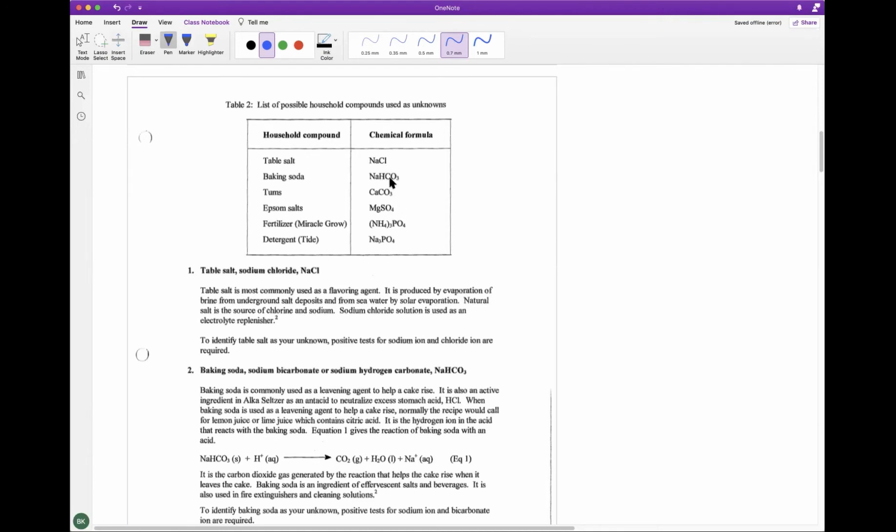So many of them are going to give us a clear colorless solution. So it's not a very good way of identifying what is in our substance. So what we're going to do is those tests for each of the ions that are part of that substance, to be able to specify what the ions are that we have in that particular compound.